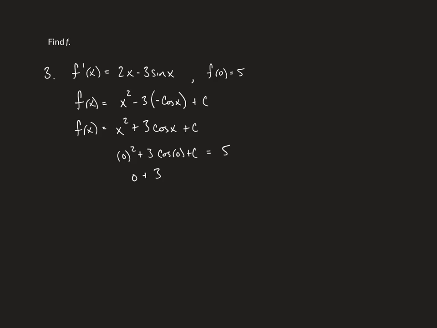So cosine of 0 is 1. Plus c equals 5. Okay. Now I'm just going to subtract 3 from both sides. So c equals 2. So now I actually have the exact function f. f of x isn't just equal to x squared plus 3 cosine of x plus c. It's equal to x squared plus 3 cosine of x plus 2.